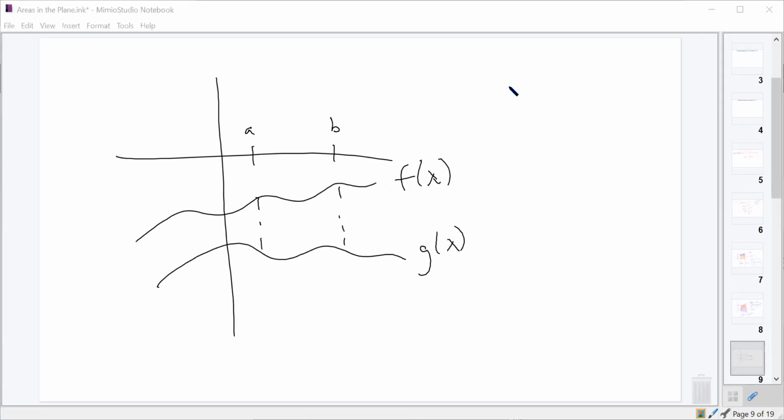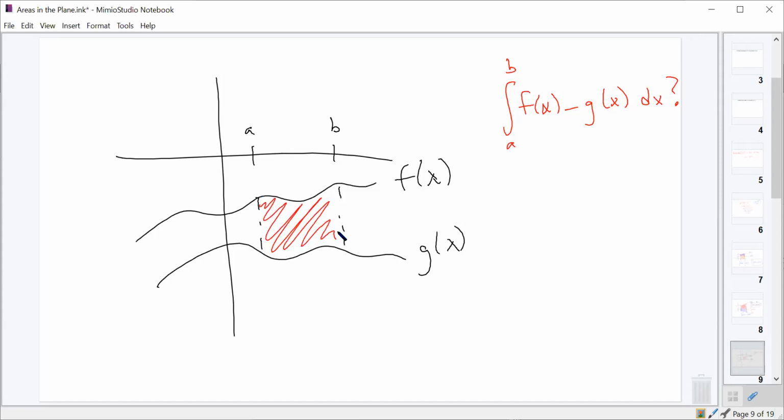Can I still do the integral from a to b of f of x minus g of x, or not? Find this area here. What does the integral from a to b of f give us? The integral gives us this section, right?